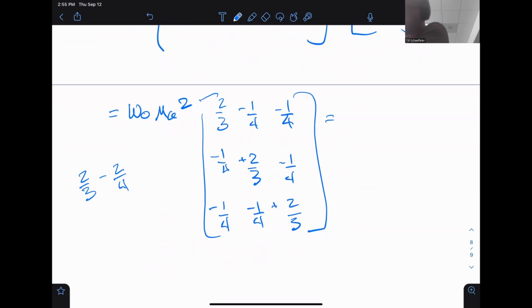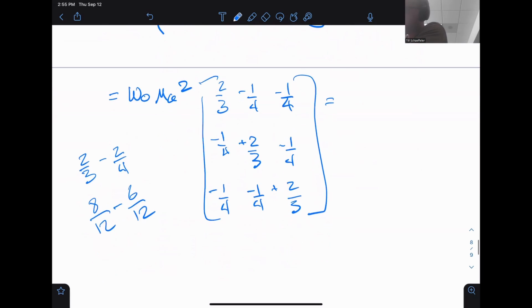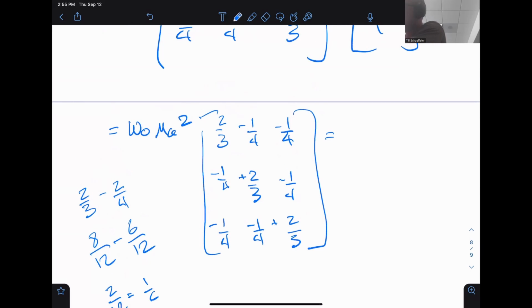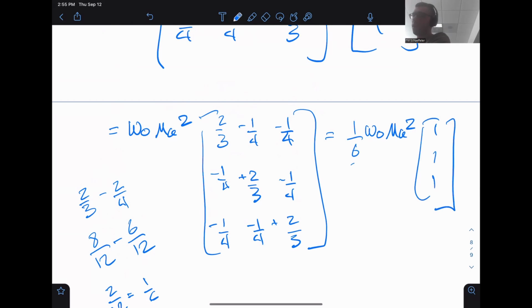That's 8/12 minus 6/12, which is... no, 2/12, which is 1/6. So we have 1/6 omega m a squared, and I pulled that 1/6 out of them. So we have just 1, 1, 1 like this.